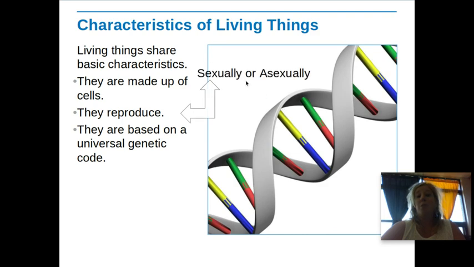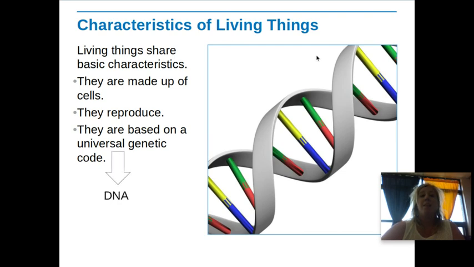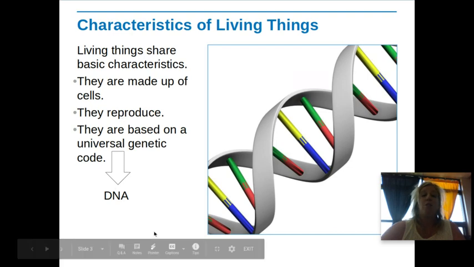They can either reproduce sexually or asexually, depending on the species, or some species even reproduce both ways depending on the environment. They are based on the Universal Genetic Code. You have probably heard of the Universal Genetic Code. It is called DNA.